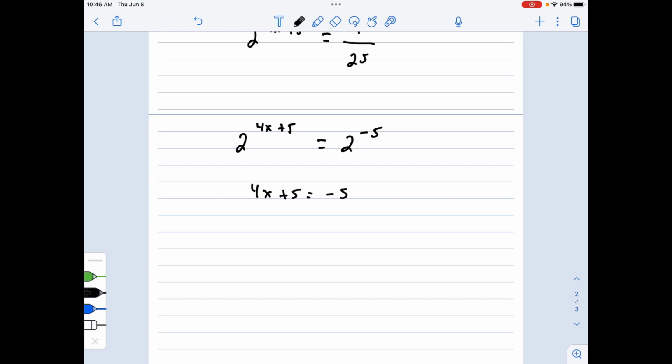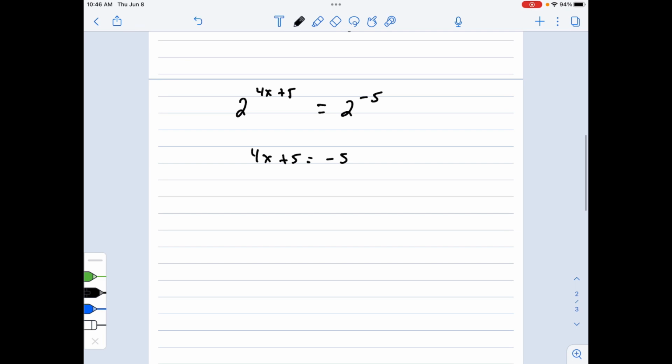Essentially, if we have an equation with two bases that are the same, then the powers have to be the same. So the 4x plus 5 and the minus 5 have to equal each other. Some people think of it as the 2's cancel. That's sometimes an ad hoc way of remembering it, but be careful.